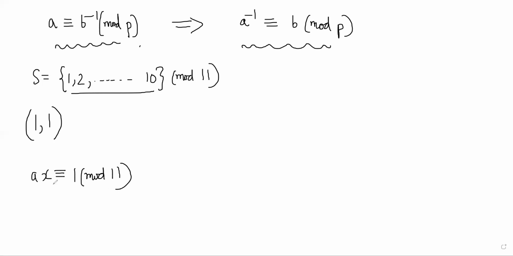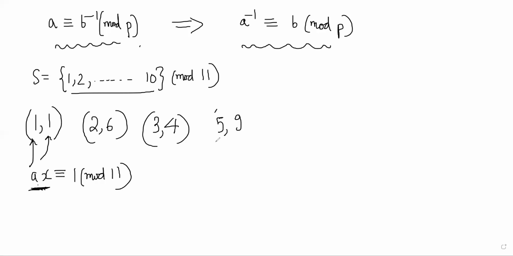If A is 1, X will also be 1. Then 2's inverse will be 6, 3's inverse will be 4, 5's inverse will be 9, 7's inverse will be 8, when you're doing mod 11, and 10's inverse will be 10.